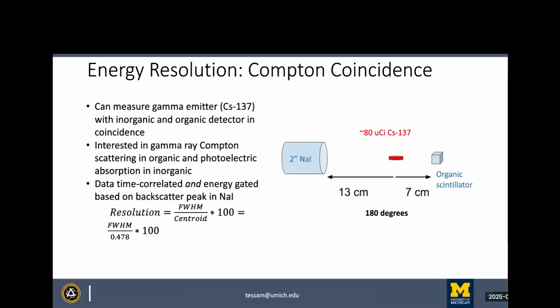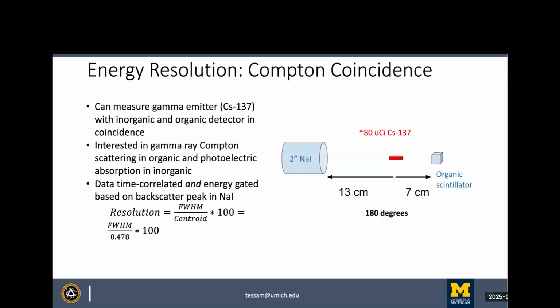To tell you a little bit more about Compton coincidences, we can measure a gamma ray emitter such as cesium-137 with an inorganic and an organic detector in coincidence to convert those Compton counts to counts where we can see the energy resolution a bit more clearly.